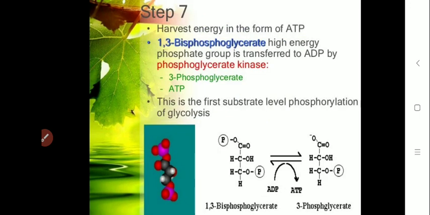Then comes step 7. In step 7 the energy is produced. The transfer of the high energy phosphate group which was generated in step 6 is carried out to ADP to form ATP.